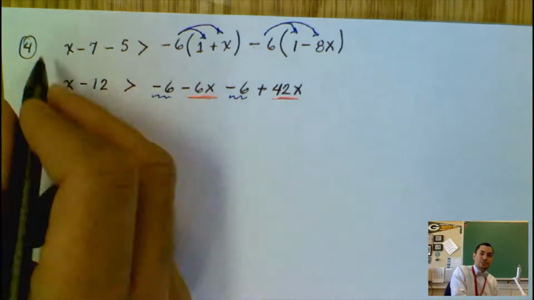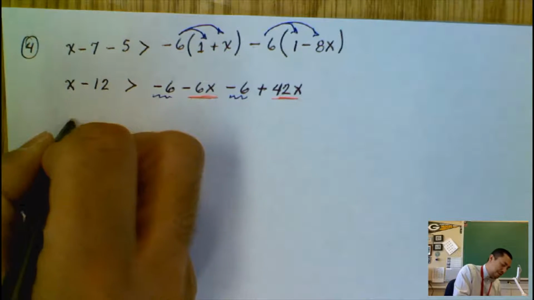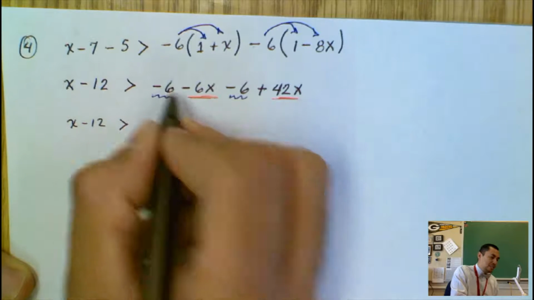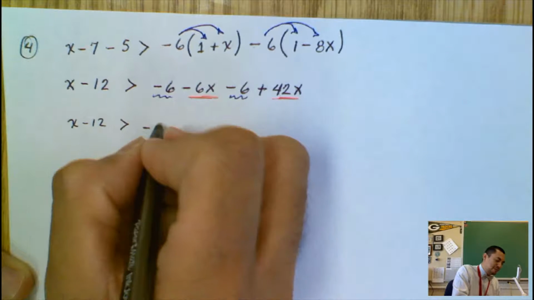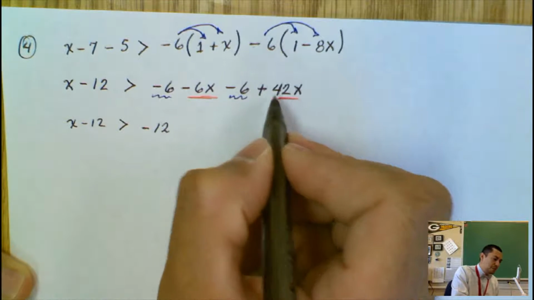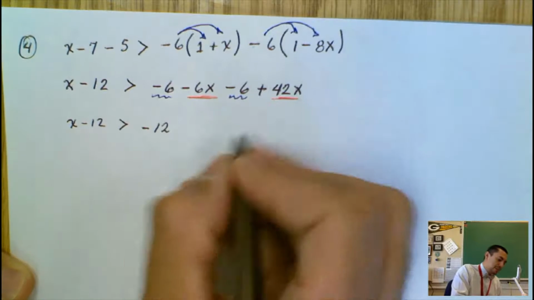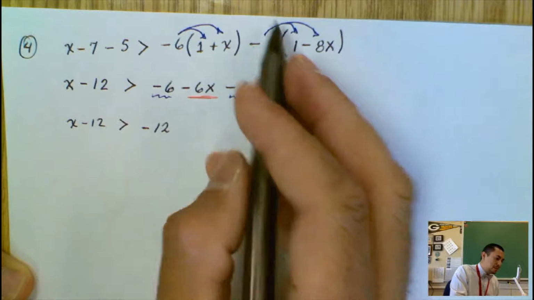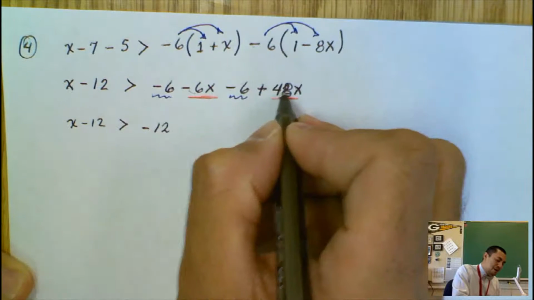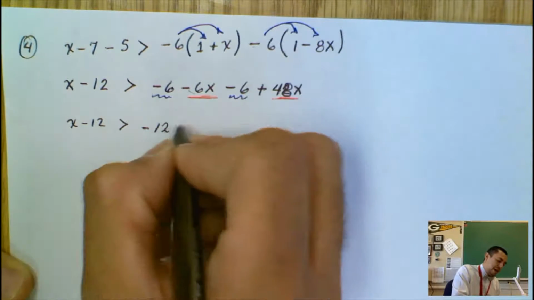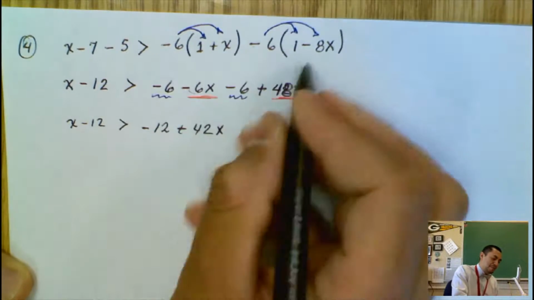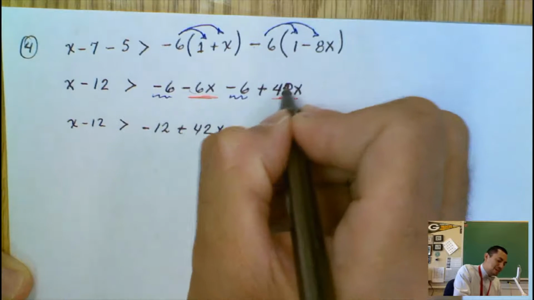There is nothing to do here, so we just rewrite this one: x minus 12 is greater than negative 6 minus 6, which equals negative 12. And then I have negative 6x plus 42, wait, this one is 48, so negative 6x plus 48 equals positive 42x. So I just simplify those.